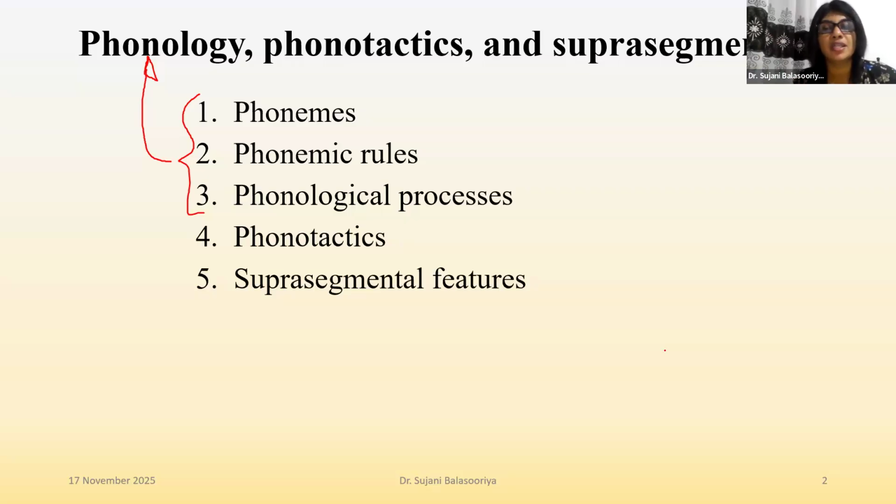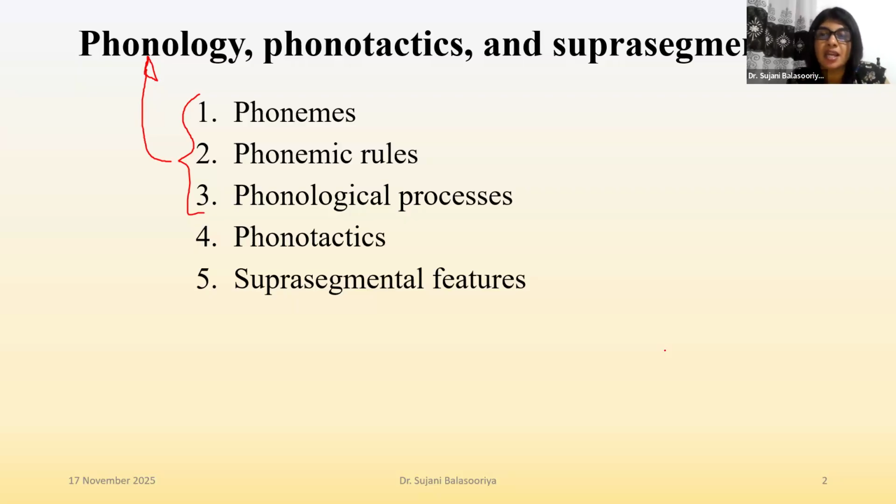But in phonology, we go beyond that, right? In phonology, we discuss how we can express a meaning by combining sounds. So we can define phonology like this: systematic and scientific study of human speech sounds in combination, right?